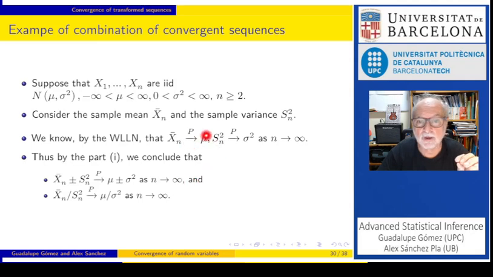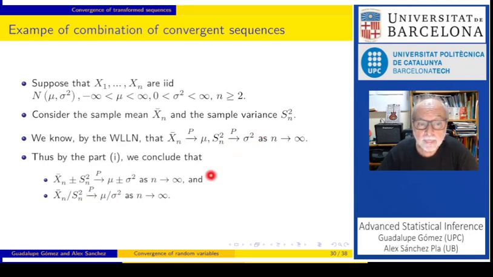In any case, if we have these two variables that converge in probability, statistics such as the sample mean plus or minus the sample variance will converge to the population mean plus or minus the population variance, or the quotient will converge in probability to that quotient, which will be very useful later in statistics.